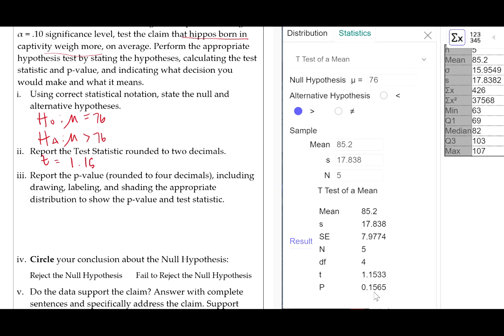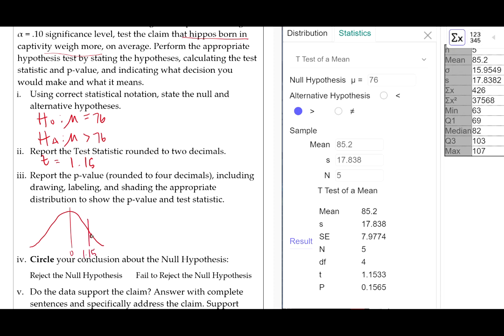It says to include drawing, labeling, and shading the appropriate distribution to show the p-value and test statistic. All right, so I'm going to draw a little picture of a bell-shaped curve, since the t-distribution is bell-shaped. The mean of the t-distribution is 0, and our test statistic was 1.15.